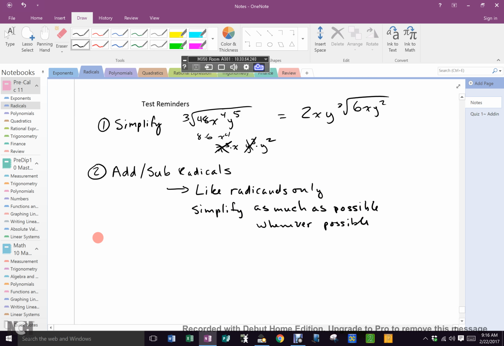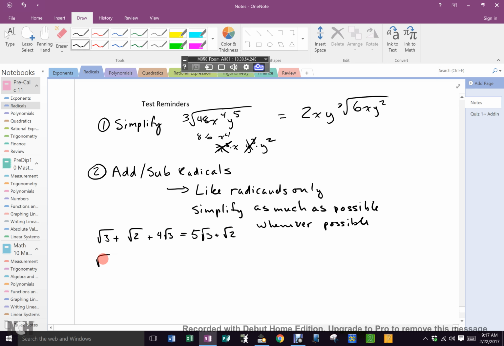So if I give you root 3 plus root 2 plus 4 root 3, what's the answer going to be? Five root 3 plus root 2.